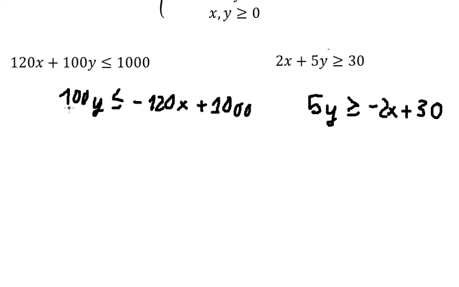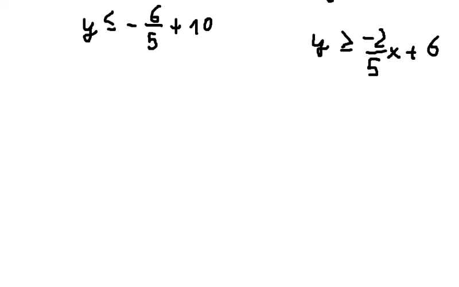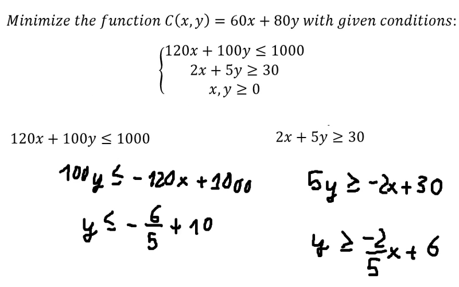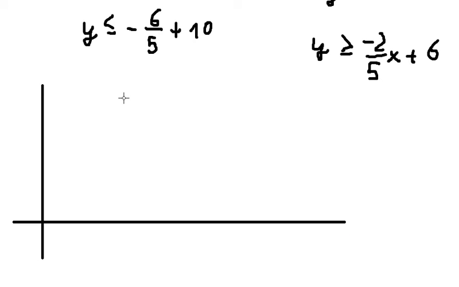Next, we divide both sides by 100 and number 5. Next, we know that s, y is greater than or equal to number 0. That means we just consider the positive in here.